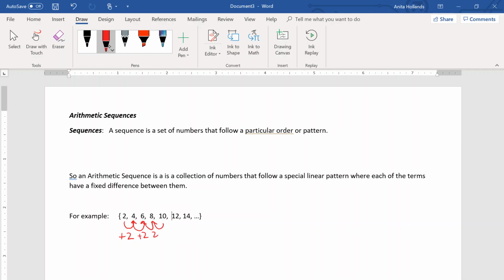You'll notice that the difference between each of these is 2. This is called the common difference. So the common difference between each term in this sequence is 2.